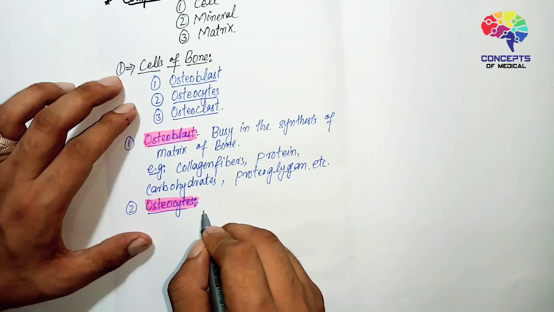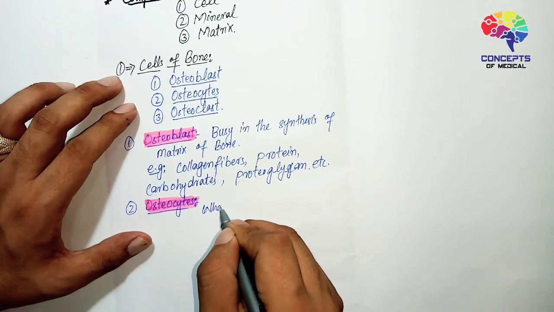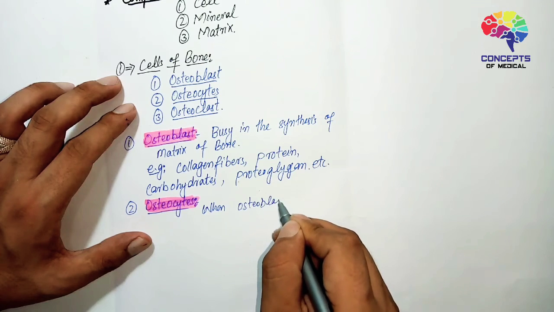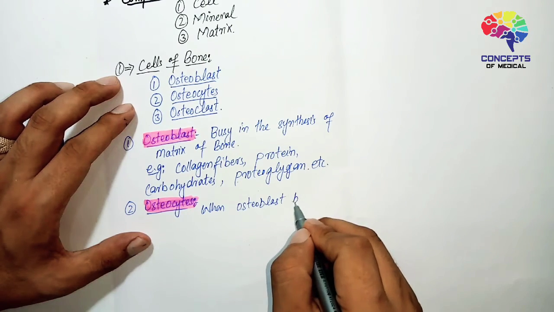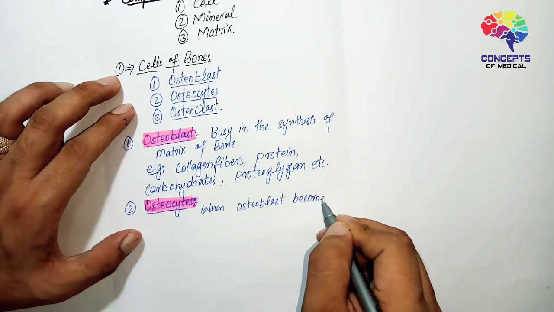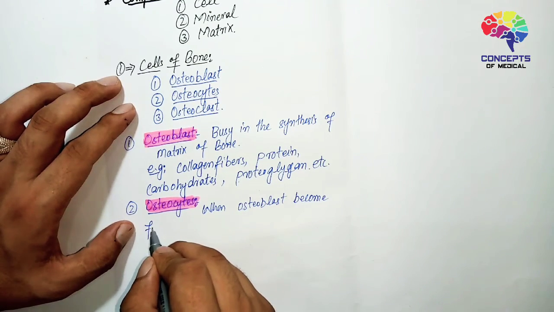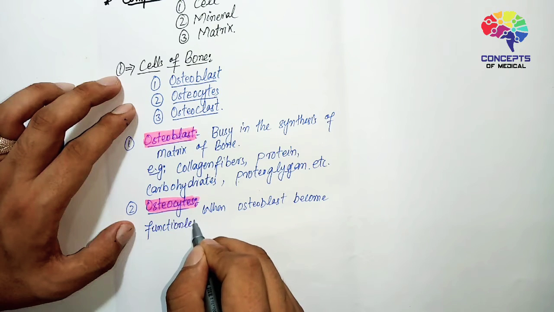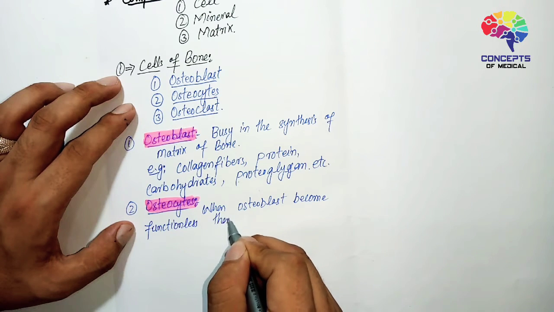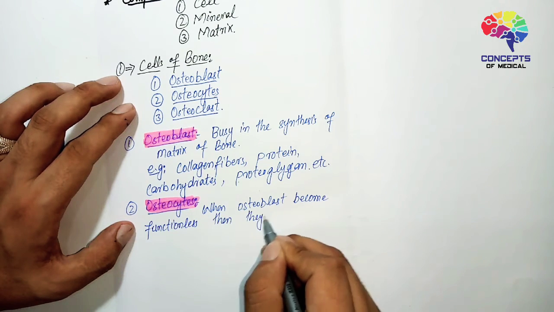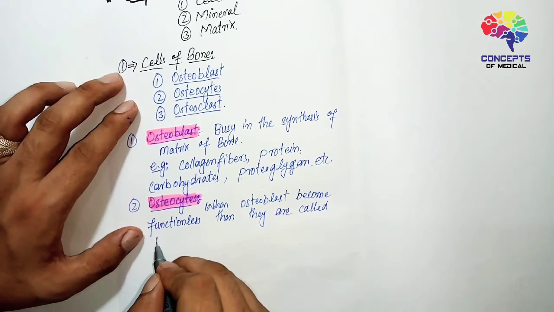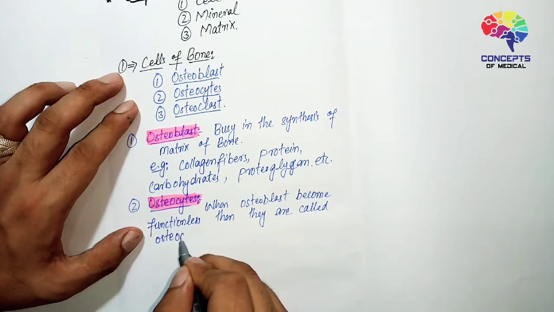So when osteoblast becomes functionless, then they are called osteocytes, right?